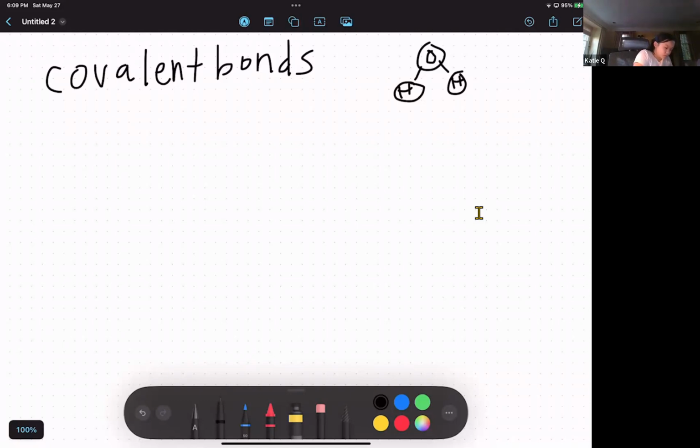So this is the amino group, this is the carboxyl, that's the hydrogen, and this is the R group. The R group will determine what it does, basically. It can be a bunch of things.